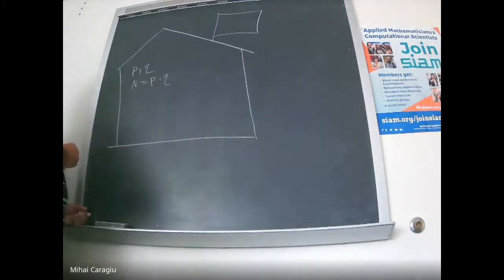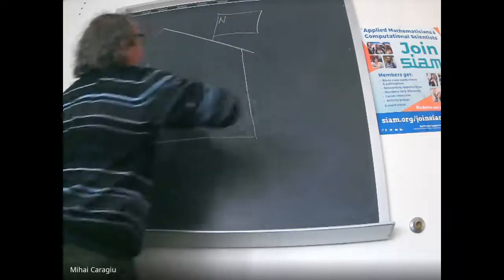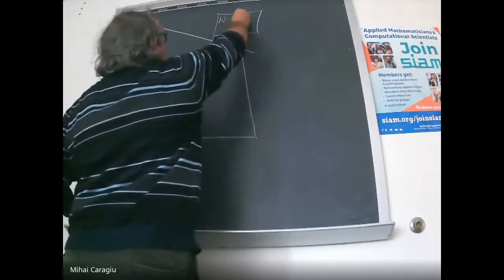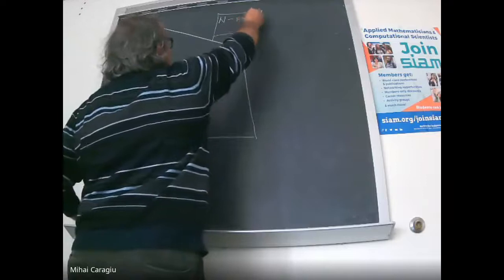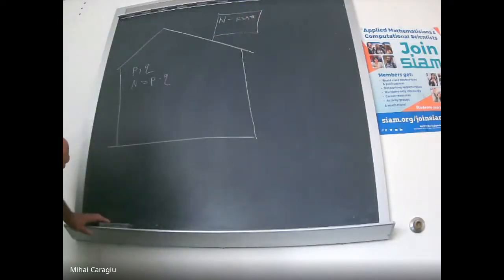So this n is posted publicly, so it's publicly available, this RSA number for Alice.